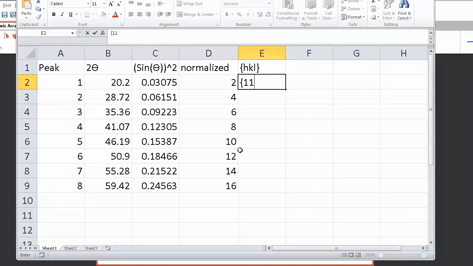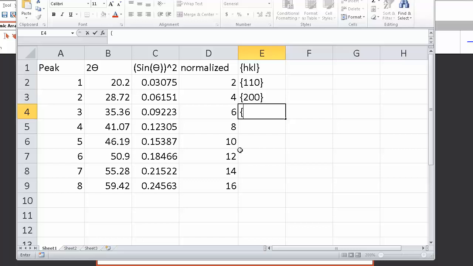So we have 110. This must be the 110. This can't be the 111, so this must be the 200 peak. 6, how do we get a 6?